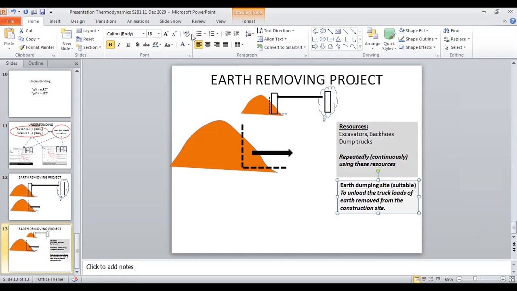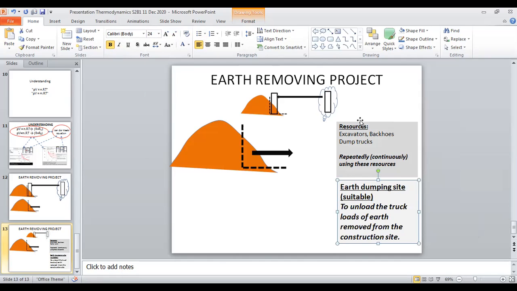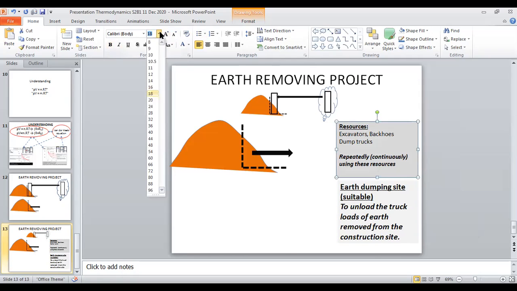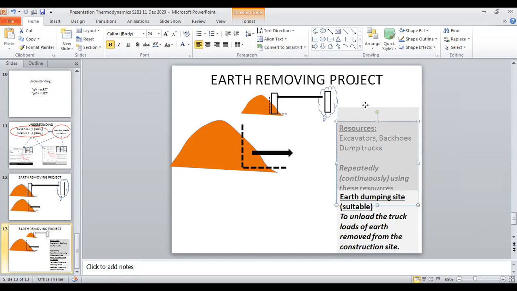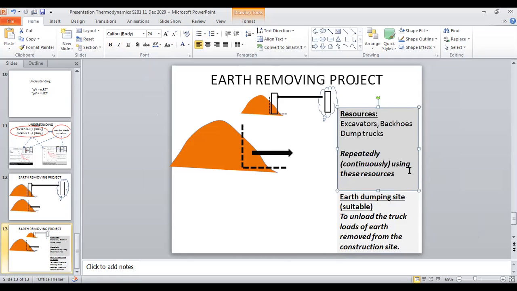So the earth dumping site is also considered important. Resources are also important. Of course, there can be operators and some supervisors to manage the operations, but this is essential.